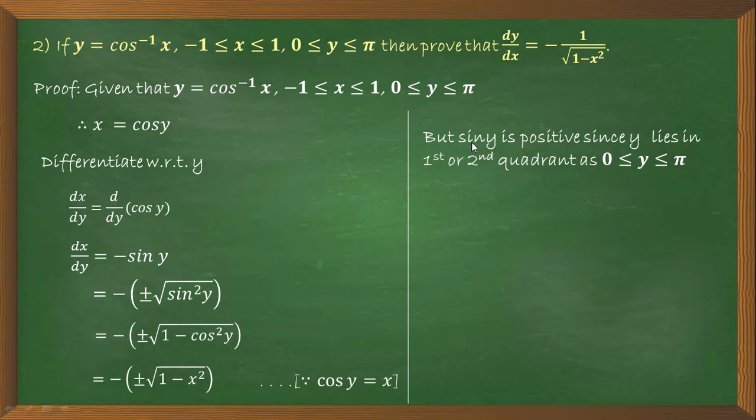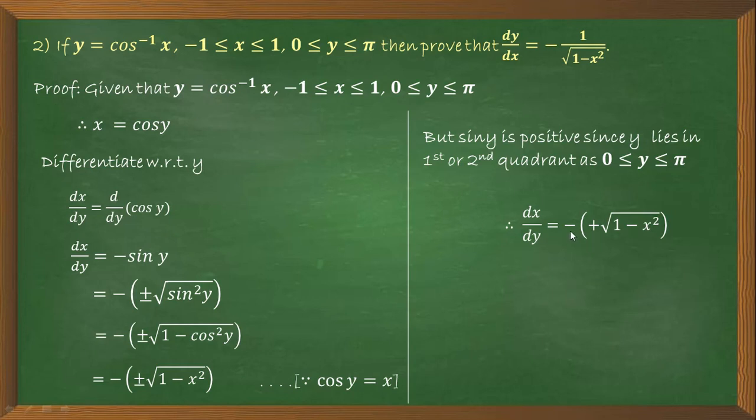All of you know this. So if you keep this minus sign as it is and think about sin y only, the quantity in the bracket is always positive. Here we have written plus or minus, but we have to write plus only.